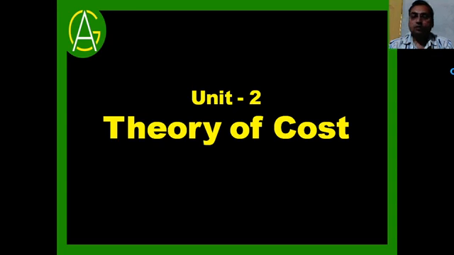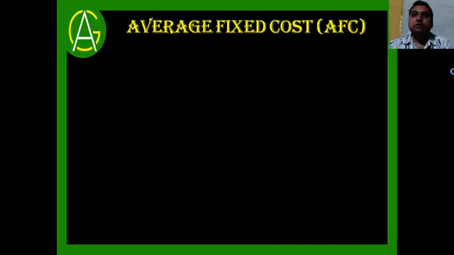Until now we have completed the meaning of cost, various types of cost analysis, and now in this particular session we are going to learn various concepts related to average cost. So let us begin with average fixed cost.